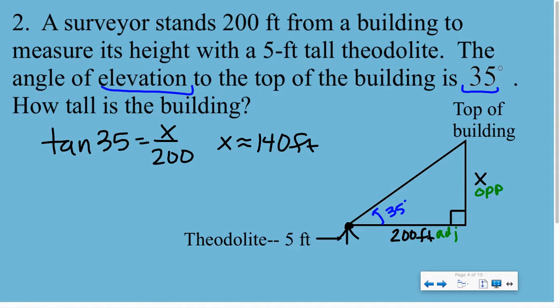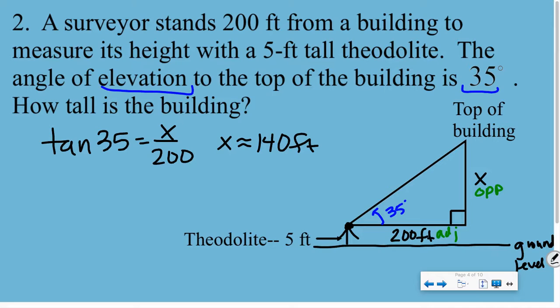Good. My theodolite is sitting on a what? Tripod. What's my tripod on? The ground, right? So this is ground level here. My x goes from the top of the building to the bottom of the triangle. Is this where my building will stop? Shouldn't, right?